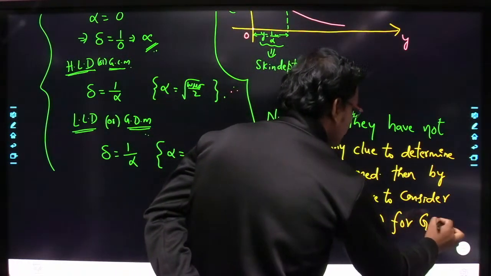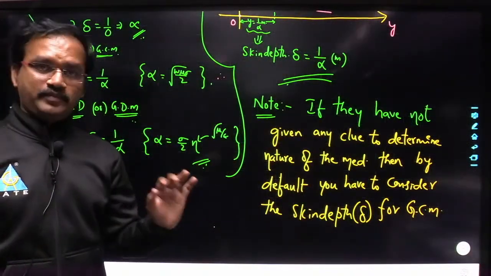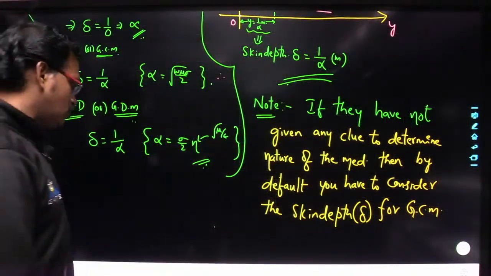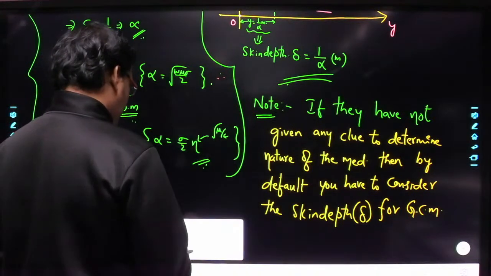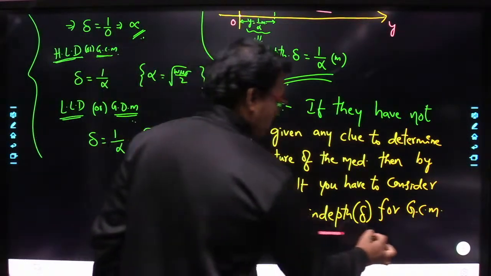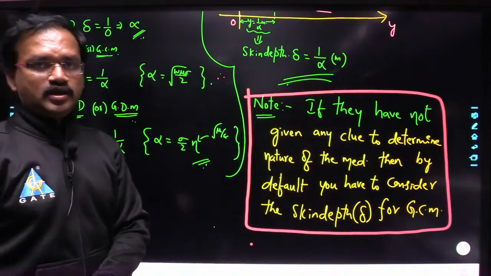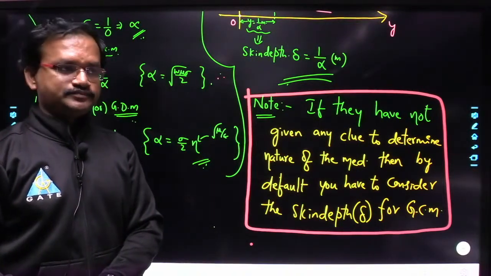For good conducting medium. So if they have not mentioned anything about the medium, so they have not given any clue to determine the nature of the medium, and if they are simply talking about the skin depth, then by default you have to consider the skin depth for what? The skin depth for good conducting medium or high lossy dielectric, right? Okay.